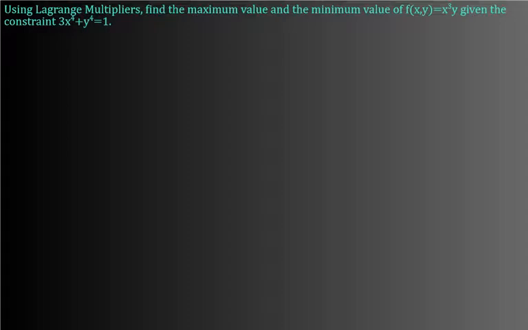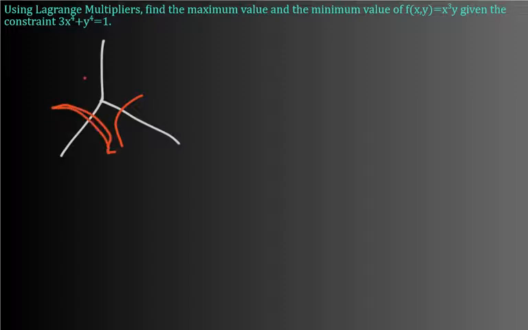So these are a little bit different because what we're doing in these problems is we're still maximizing this function, but we're maximizing on a constraint. What I mean by that is, this thing right here, if you graph it, I'm not going to do a good job, but it basically looks kind of like a hyperbolic saddle surface.